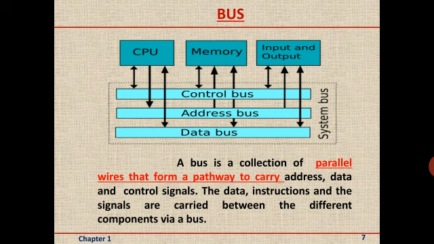The different components of computer like CPU, I/O unit, and memory are connected to each other through bus. The data, instructions, and the signals are carried between different components through bus.